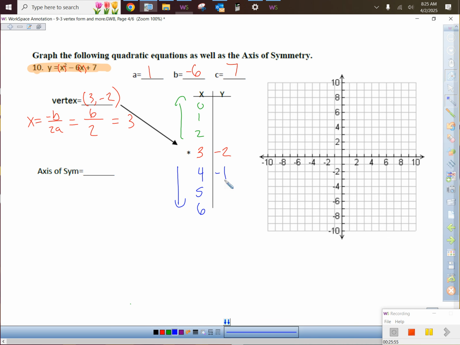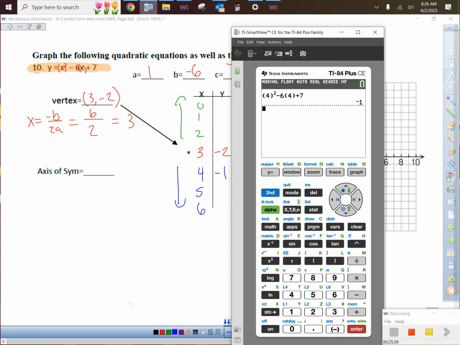Then let's do 5. Seems like this is going to be a lot of work, but just hang in there. 5 squared minus 6 times 5 plus 7. How much? 2.